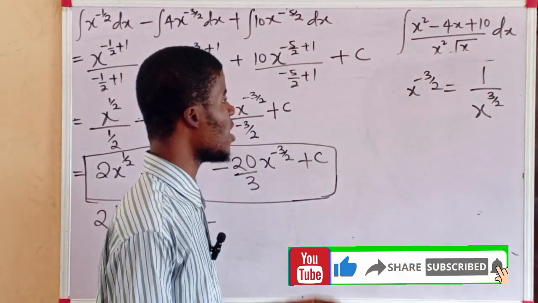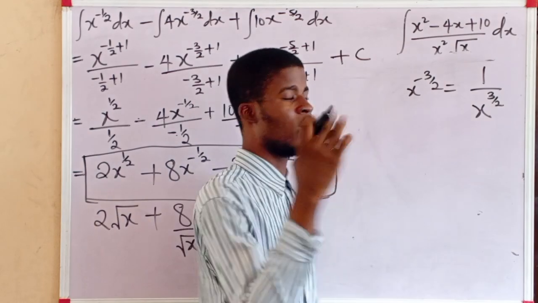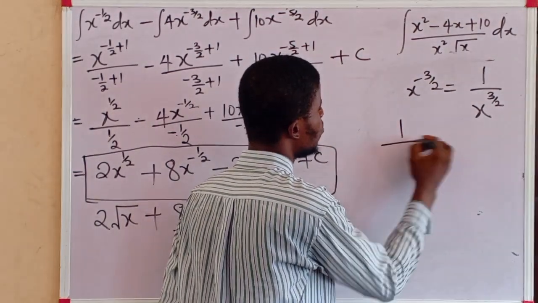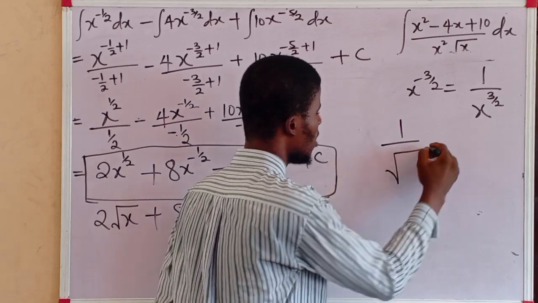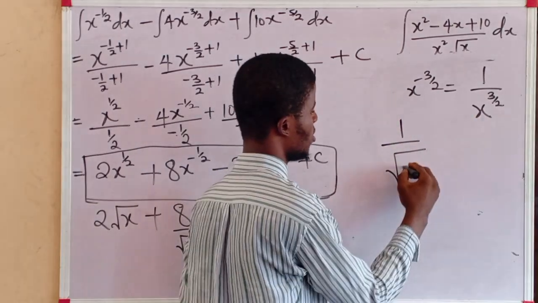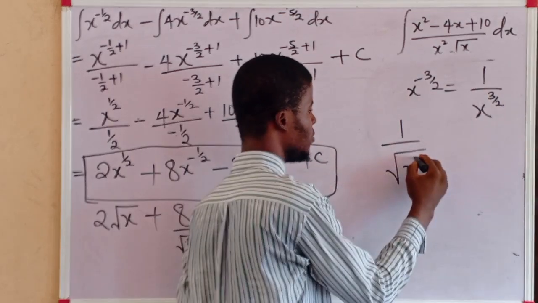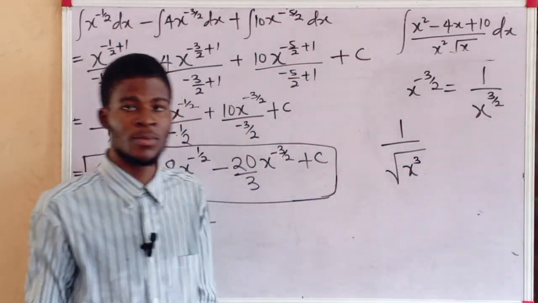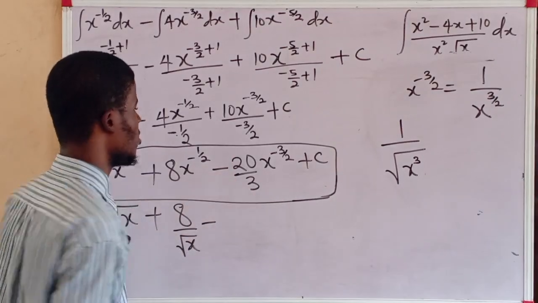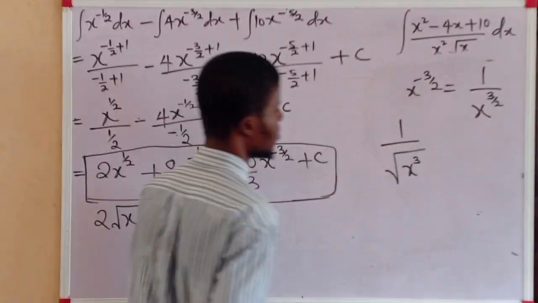And going by the law of indices for rational exponents, this is the same thing as saying 1 over the 2 here will form a square root of x, all to the power of 3. That is the point. So since we have 20 over 3 here, it will now be something like this.